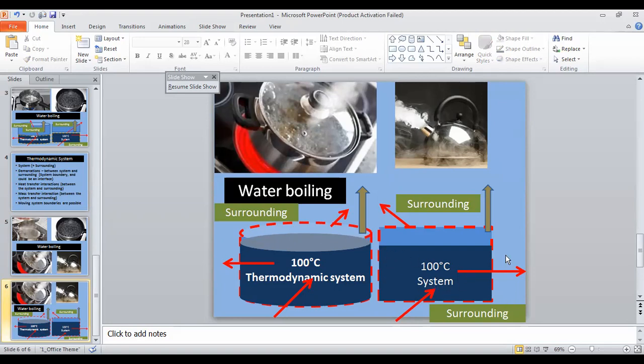So here, liquid. So now this is still 100 degrees Celsius, but now the system is until here. So you have liquid and vapor. Liquid plus vapor.